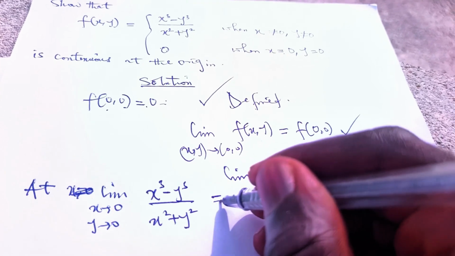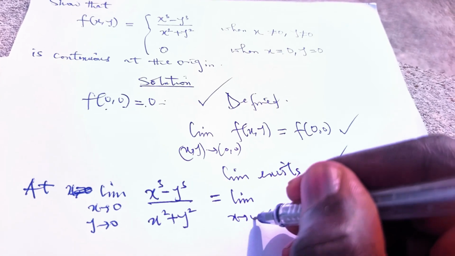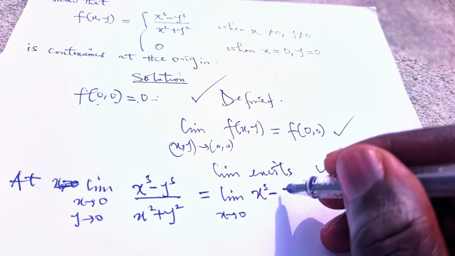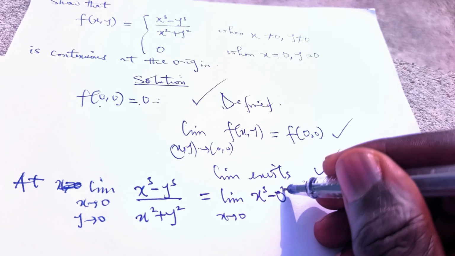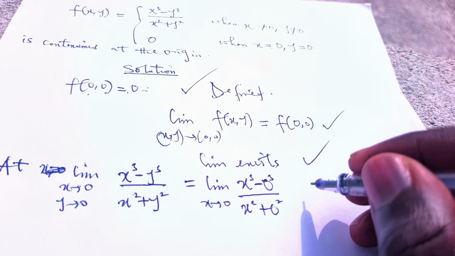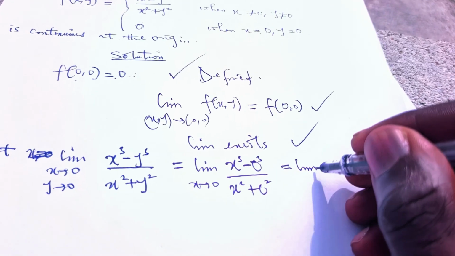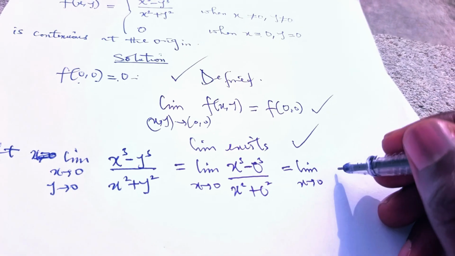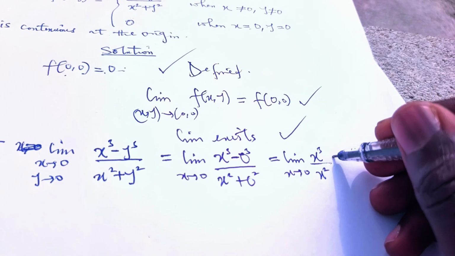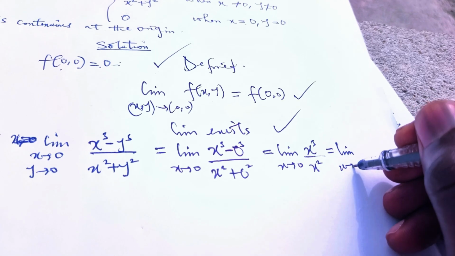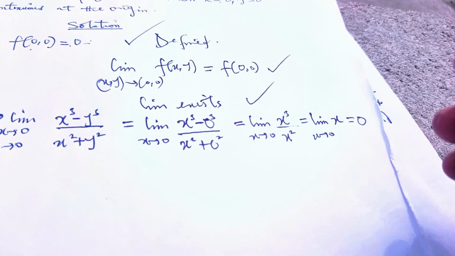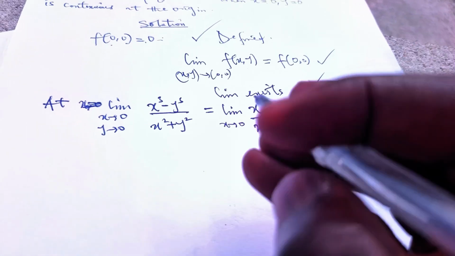Let's push y inside: x cubed minus 0 cubed all over x squared plus 0 squared, which is equal to the limit as x tends to 0 of x cubed over x squared, which is the limit as x tends to 0 of x, and is equal to 0.